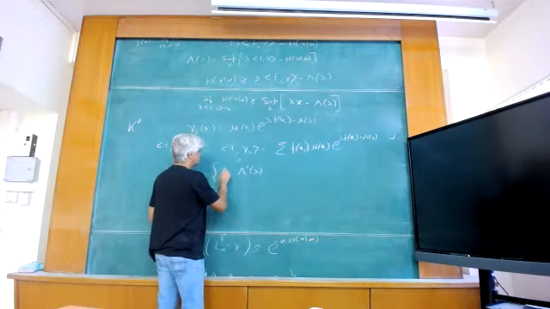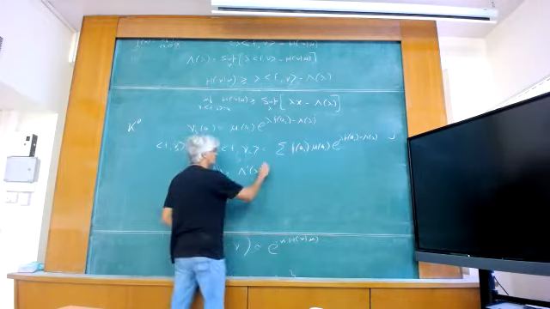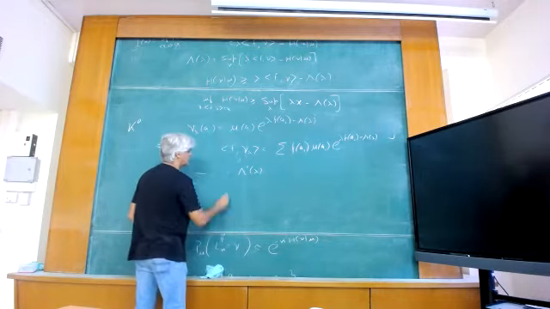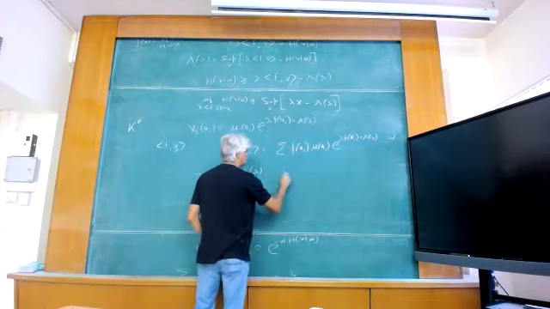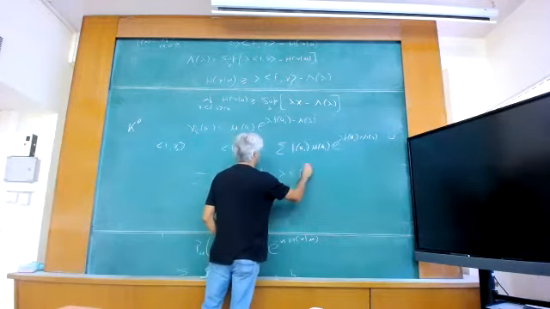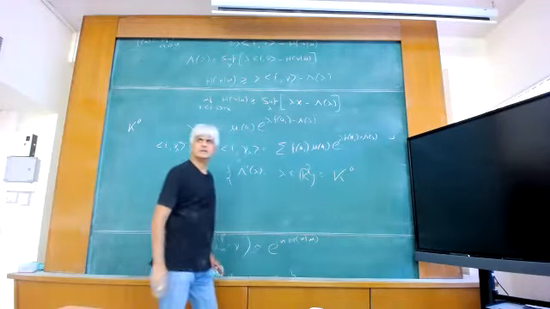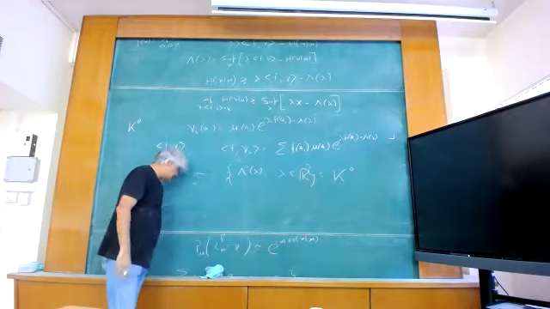If I collect this, so that lambda lies in R, I get k naught.